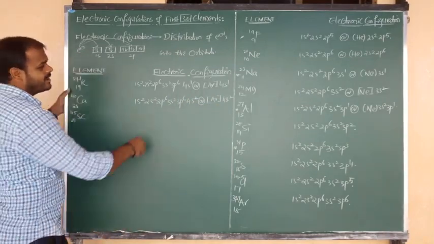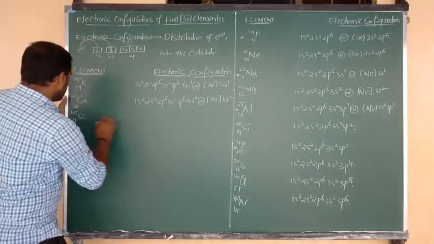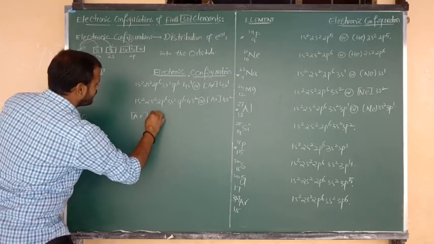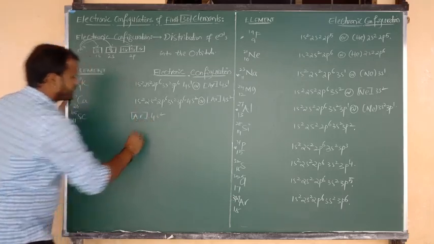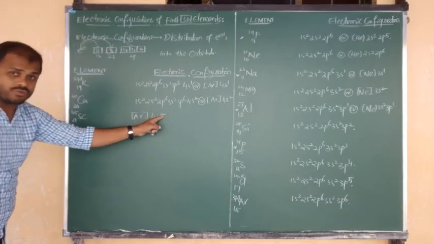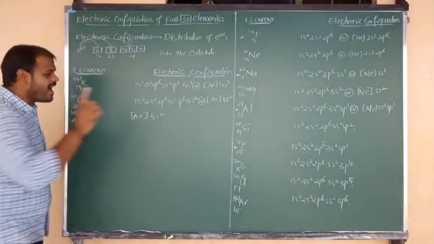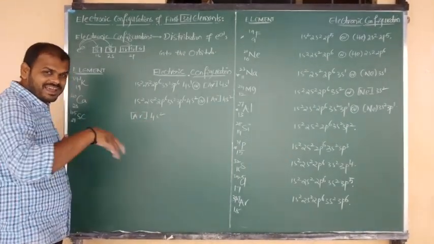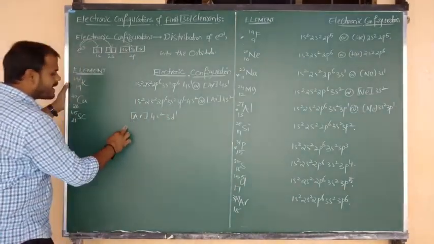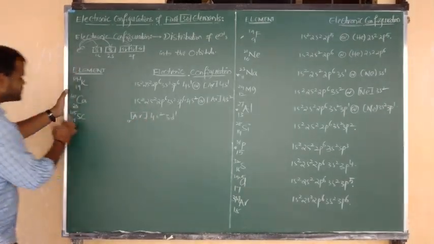Up to calcium, how many electrons? 20. Argon 4s2. Argon contains 18, 18 plus 2, 20. But here it is 21. One more extra electron is there. After filling of 4s, the next electron will enter into 3d: 3d1. 18 plus 2 is 20, 20 plus 1 is 21.